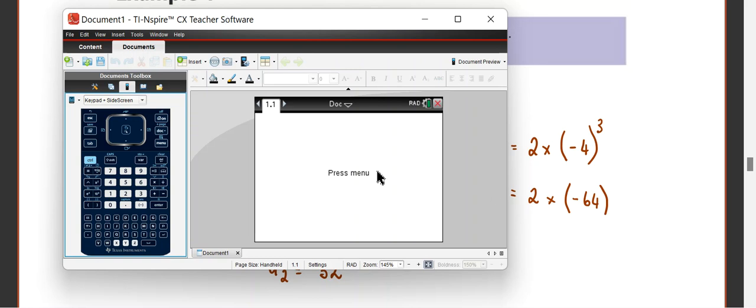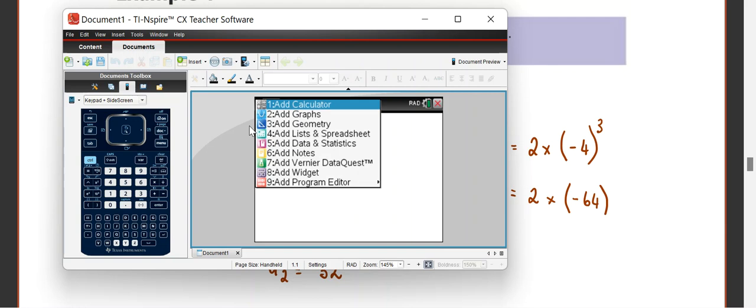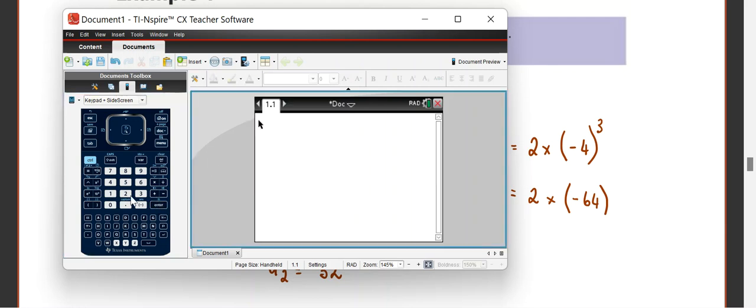Okay, because if I put in here 64 to, so if I do 64 negative, wrong way around. Do you notice what my calculator does?